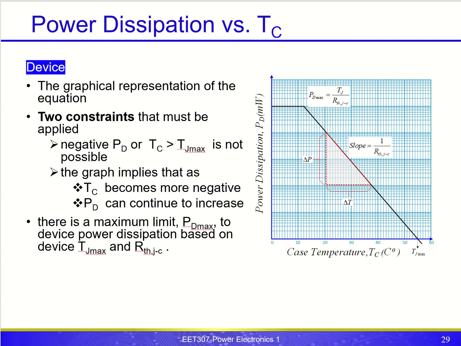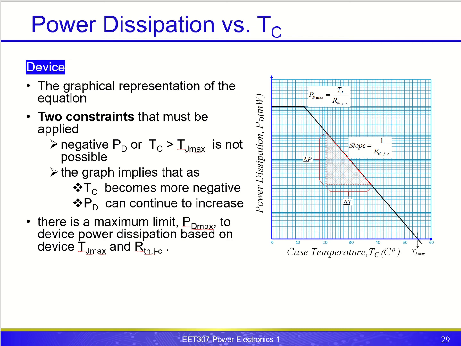There are two constraints that must be applied. The power dissipation PD cannot be negative, and the case temperature cannot be higher than TJ max. That is not possible; the value of TJ must be higher than TC.